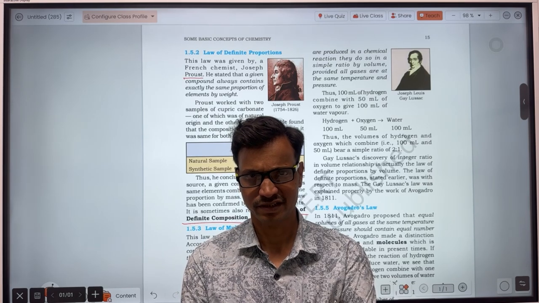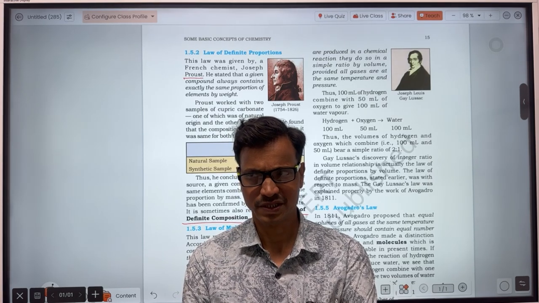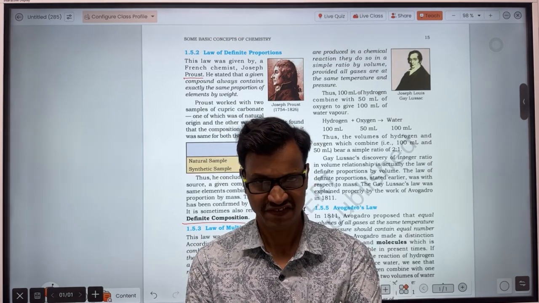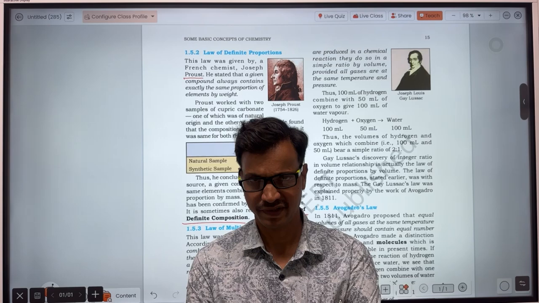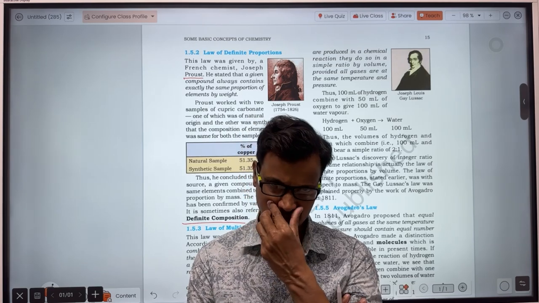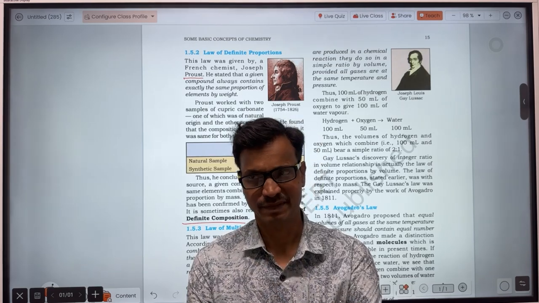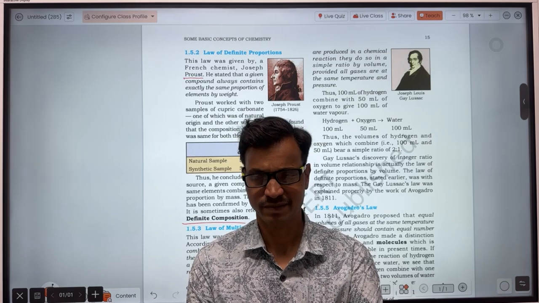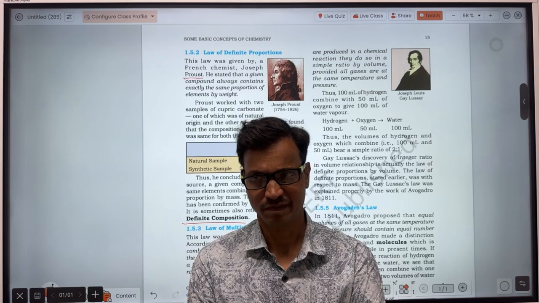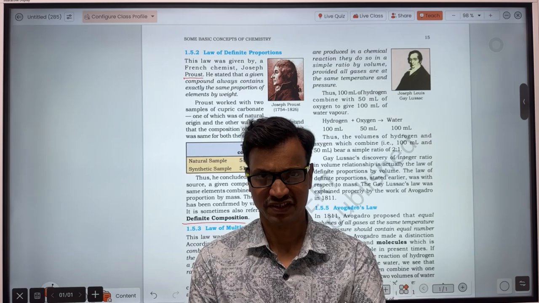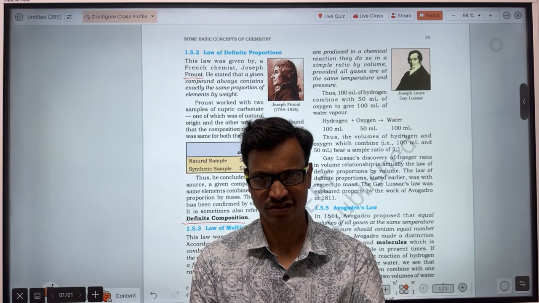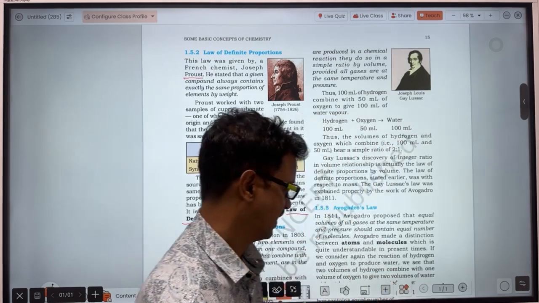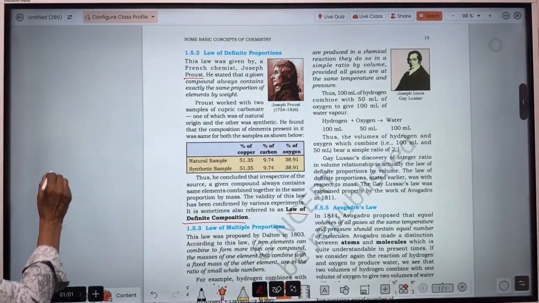That means in water, whether you separate it from the sea, or from a river, or from a mountain, from anywhere you obtain it, or you prepare it by any method, like combining hydrogen and oxygen, or by reacting acetic acid with ethyl alcohol, by any method you prepare it, the ratio of hydrogen and oxygen will always be constant.